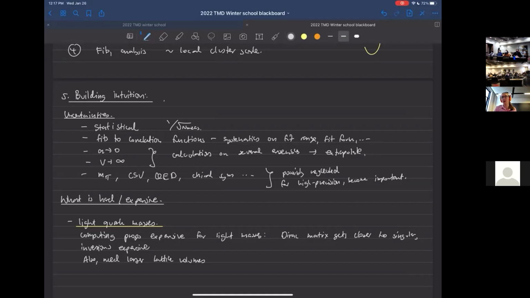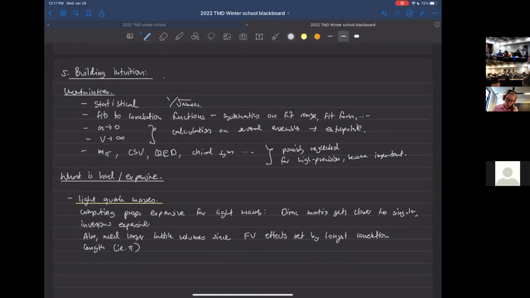So typically you want to go to larger volumes, since the finite volume effects are set by the longest correlation length. So the pion mass. Okay, so light quark masses get hard. That's why you'll sometimes see extrapolations down to the physical mass instead of calculations right at the physical mass.